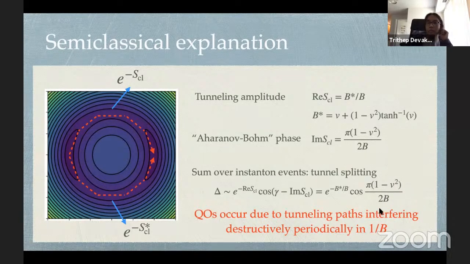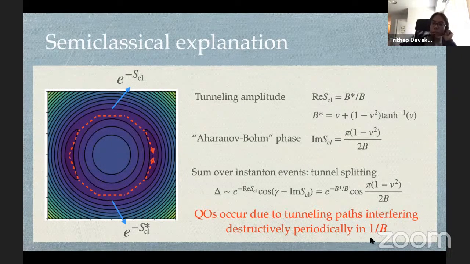And this, in fact, gives you exactly the periodicity and exactly the location of all the fields where these crossings occur. So the picture for these oscillations is whenever you have two tunneling paths in your dispersion, they can destructively interfere, and that leads to vanishing of the tunneling elements, and that leads to a degeneracy.